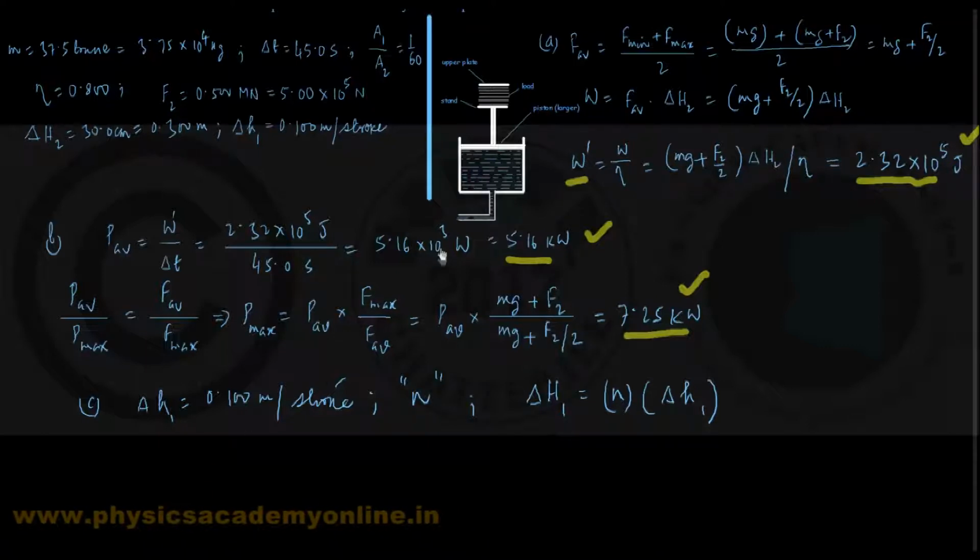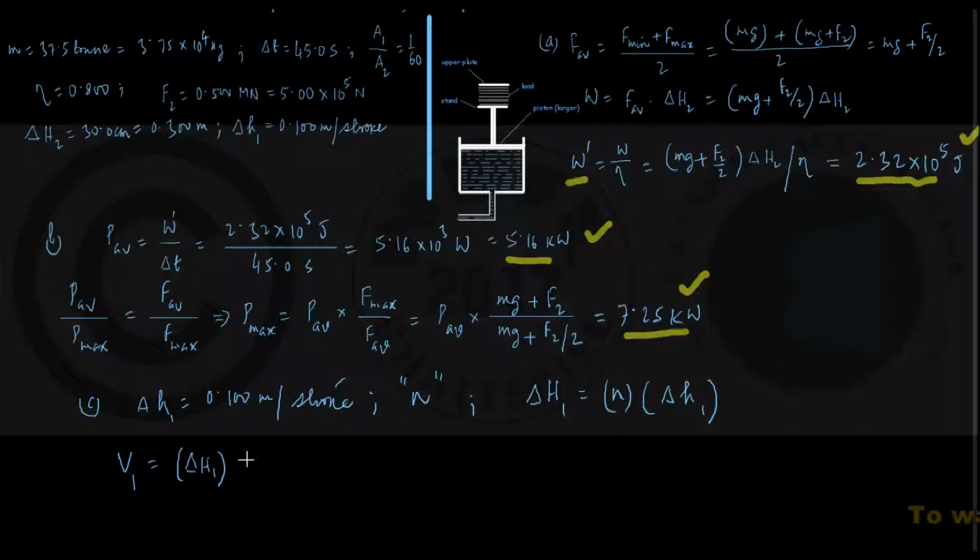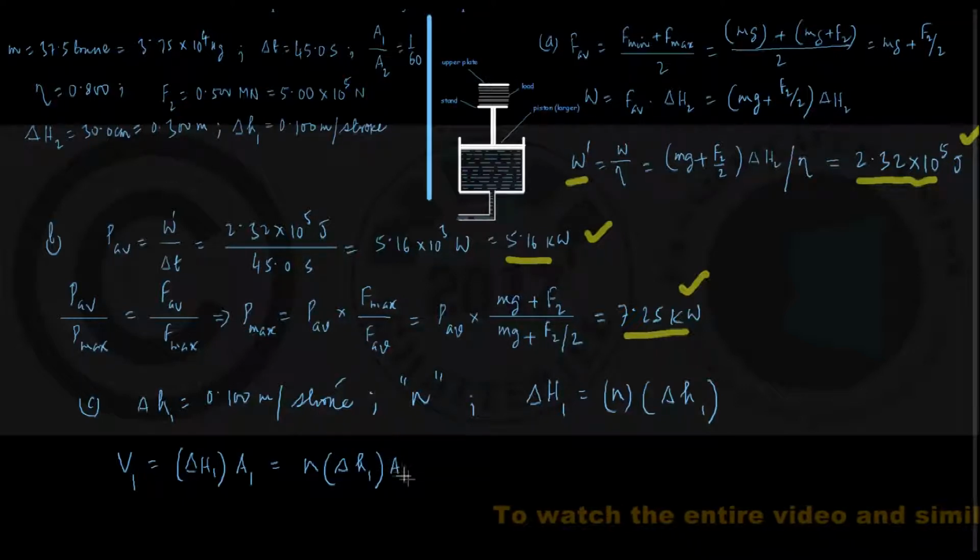Now the corresponding volume of liquid displaced in the smaller cylinder, the left one, not shown in my figure here, that volume of hydraulic oil displaced will be V1 equal to delta h1, the distance travelled by the smaller piston, multiplied by its cross-sectional area, which I take to be A1. So this is coming out to be n into delta h1 into A1.